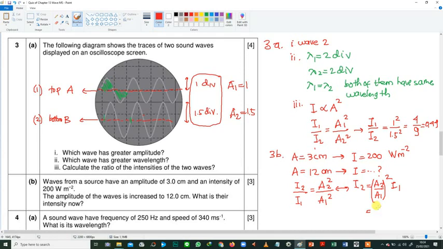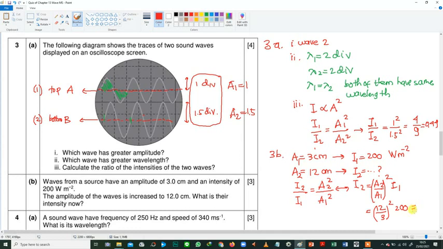Let's substitute the data. Sorry, I have not made the index for the A, it's A1. I2 equals A2 over A1 squared times I1. So A2 is 12 divided by A1 is 3, squared, times I1 is 200. By using the calculator, it's 4 squared times 200.